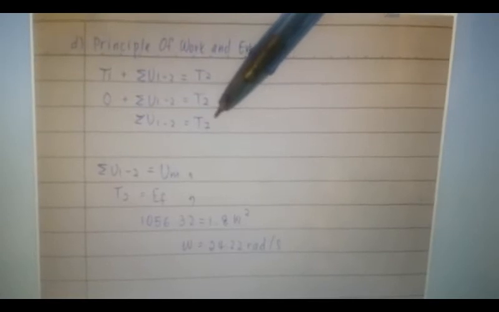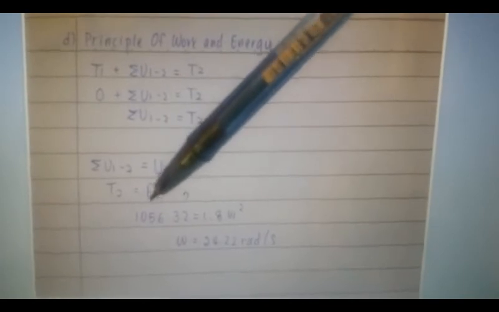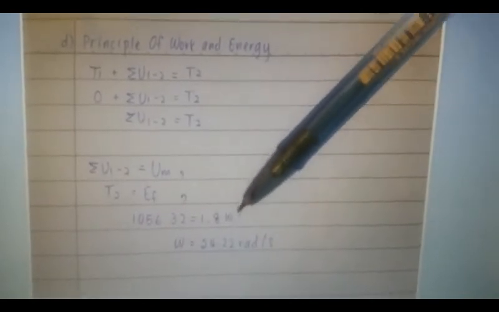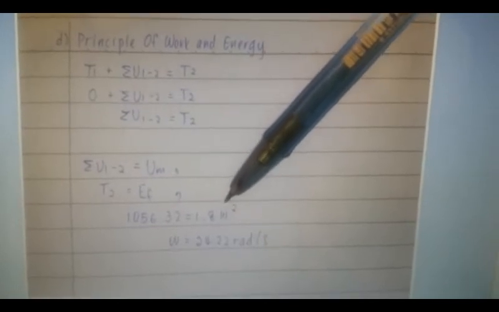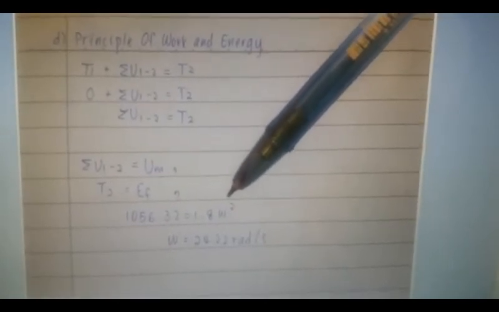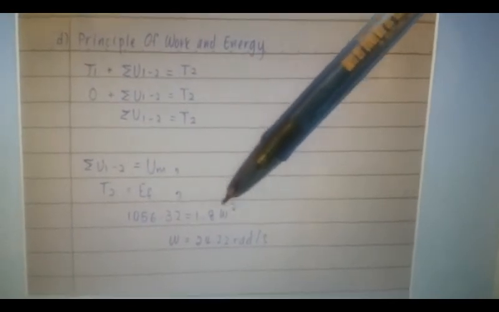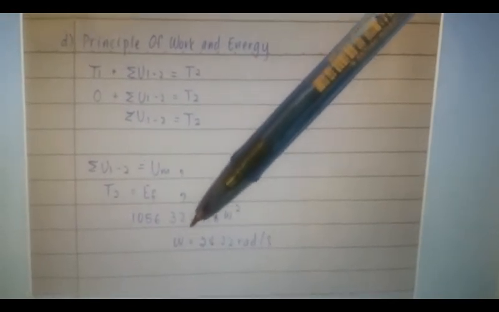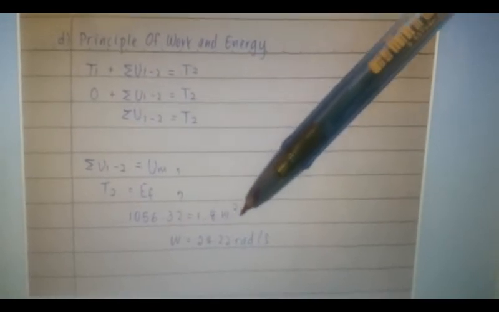The initial kinetic energy is 0 because it is at rest. We substitute the kinetic energy we obtained in part B and the work done in the system. After substituting the values, we get the angular velocity, which is 24.22 radians per second.